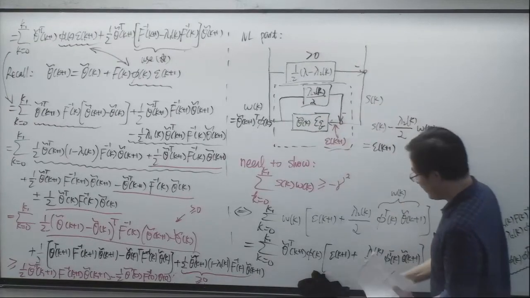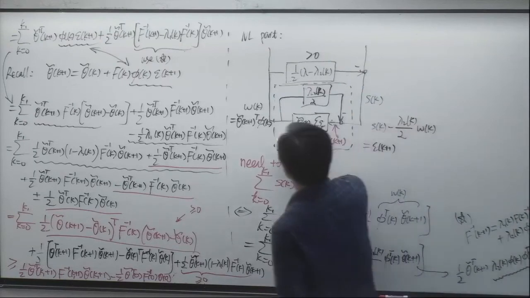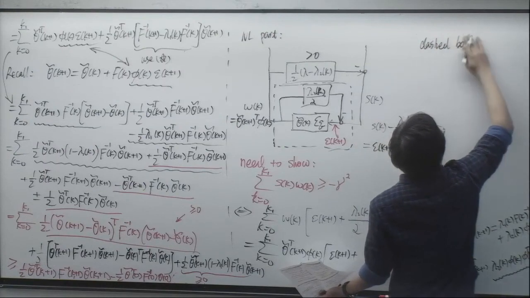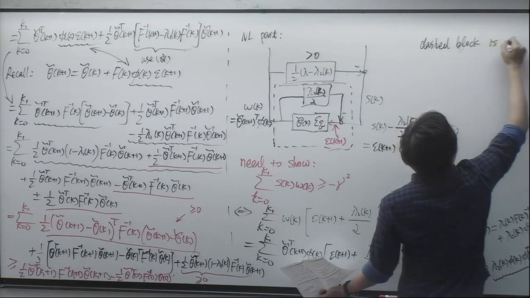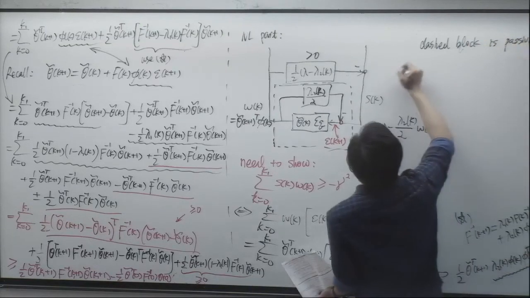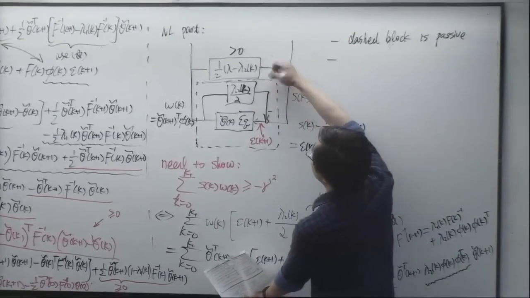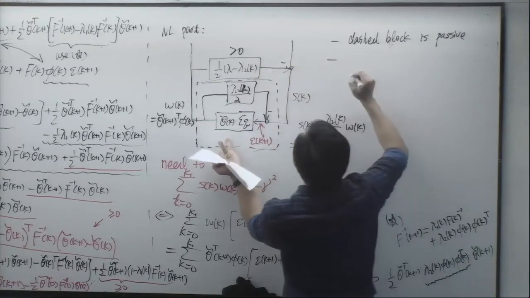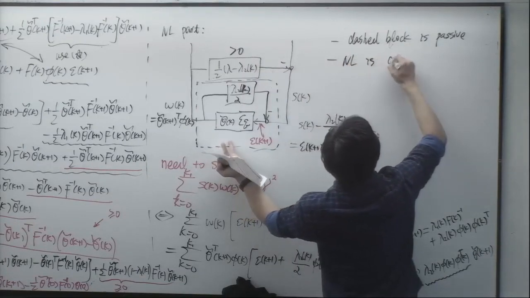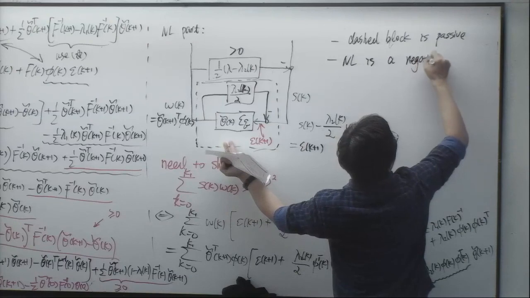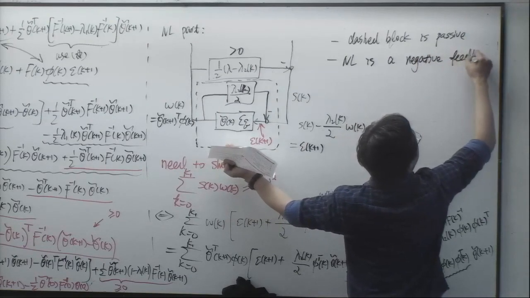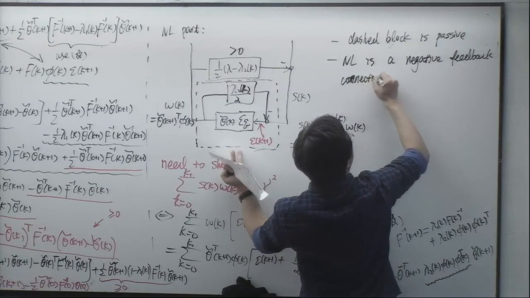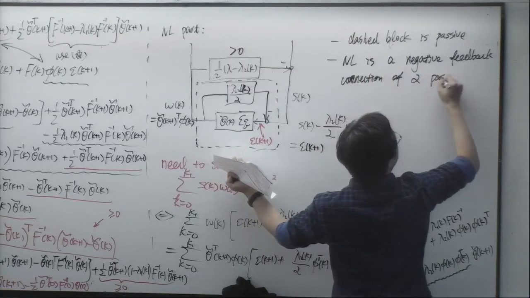And then use the final element to add in. So now we have the dashed block passive. And then this whole thing is therefore a feedback connection of 2 passive blocks. So the nonlinear block is a negative feedback connection of 2 passive blocks.